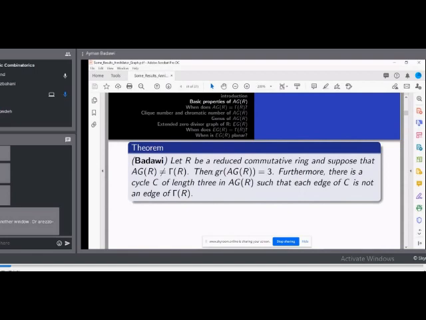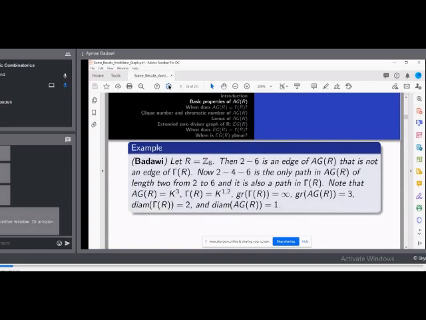So the first result: if R is a reduced commutative ring, reduced meaning zero is the only nilpotent element of the ring, and we assume that the annihilator graph is different from the zero-divisor graph, then the girth of the annihilator graph will be 3. You can read the rest of the result. Then I go to the next slide.